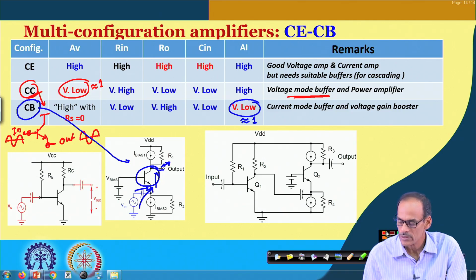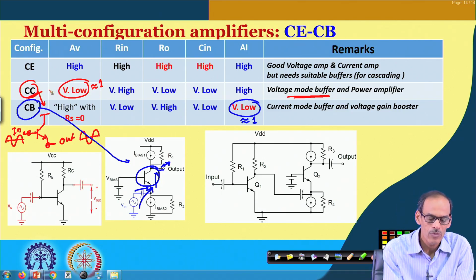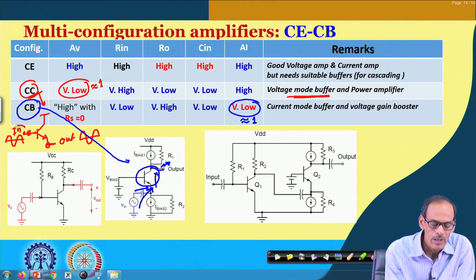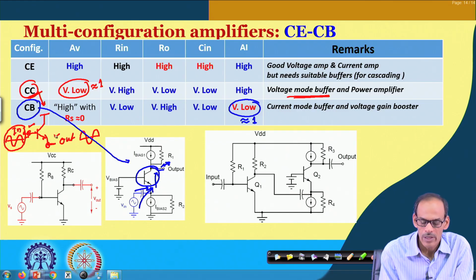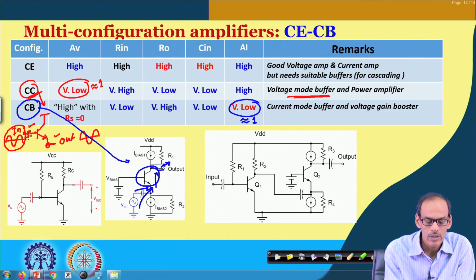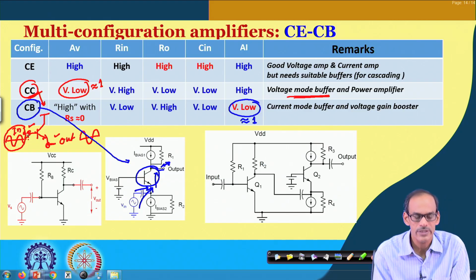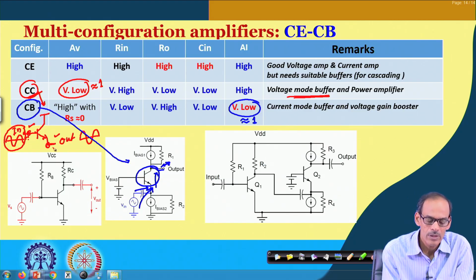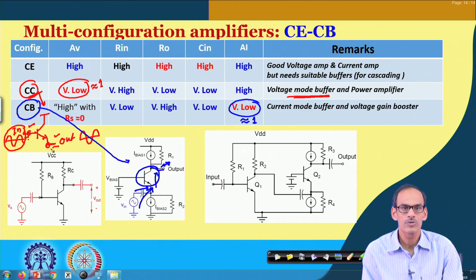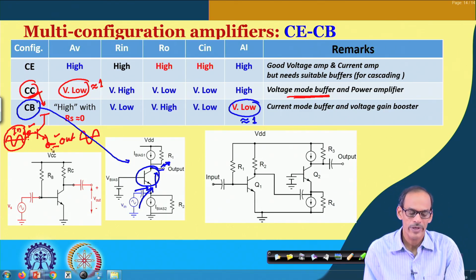On the other hand, the complementary thing happens for the voltage follower, or I should not say voltage follower, emitter follower. The input voltage gets conveyed from the base terminal to the emitter terminal, and while it is conveying, its input port resistance is high, and then it delivers the signal at the emitter where the output port resistance is quite low.